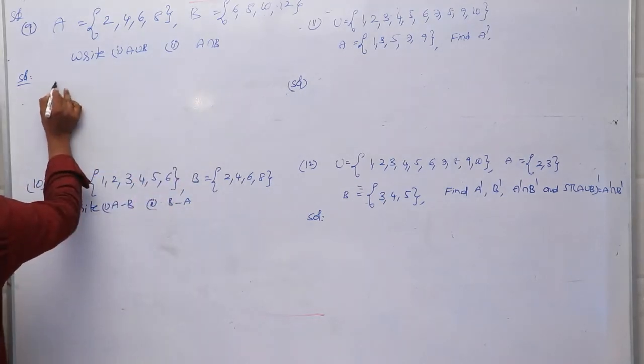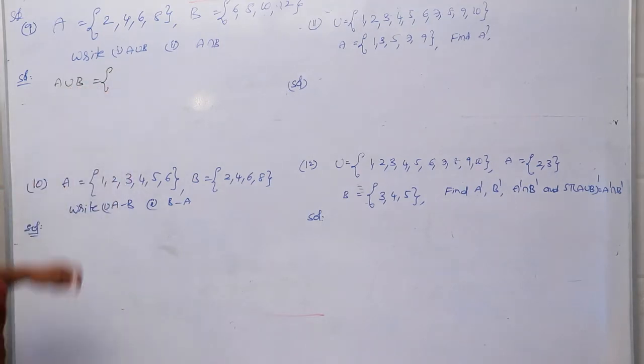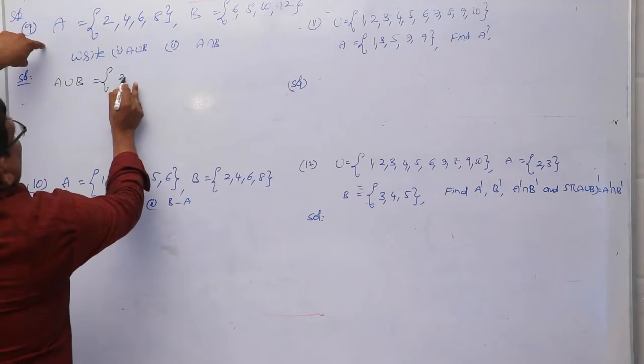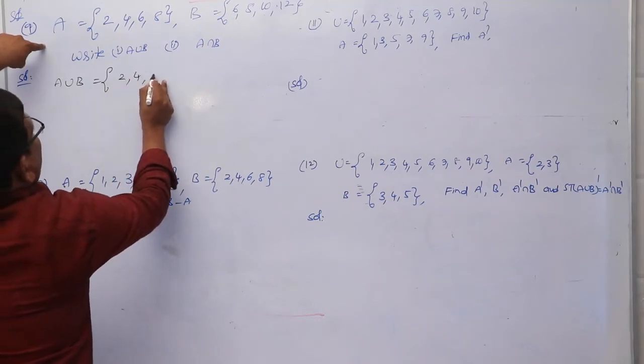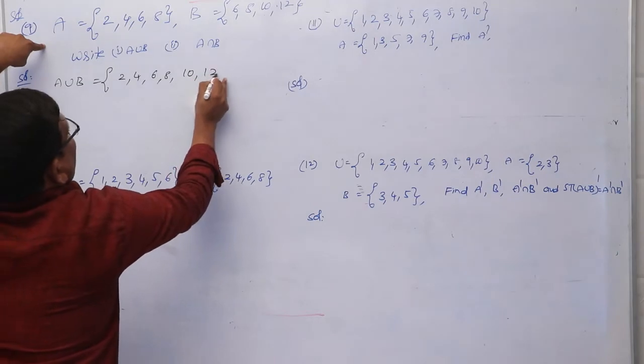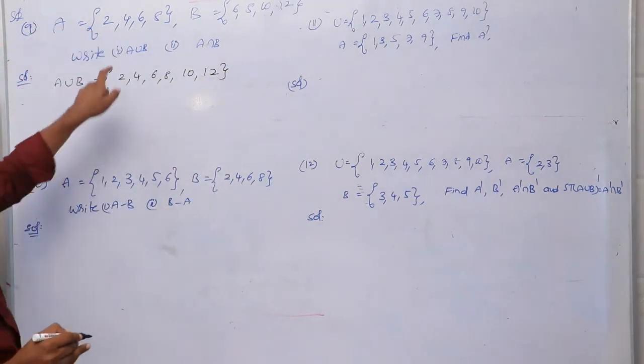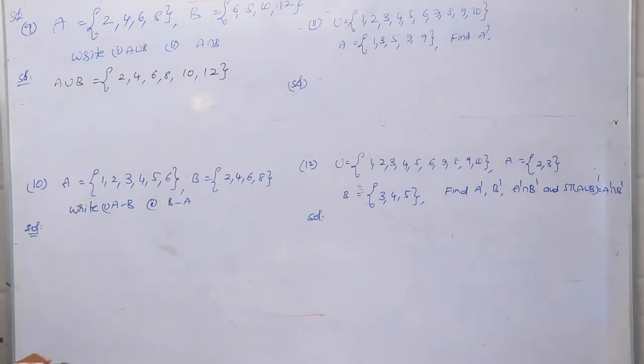Therefore, A union B can be written as {2, 4, 6, 8, 10, 12}. Either A or B, we take in A union B.